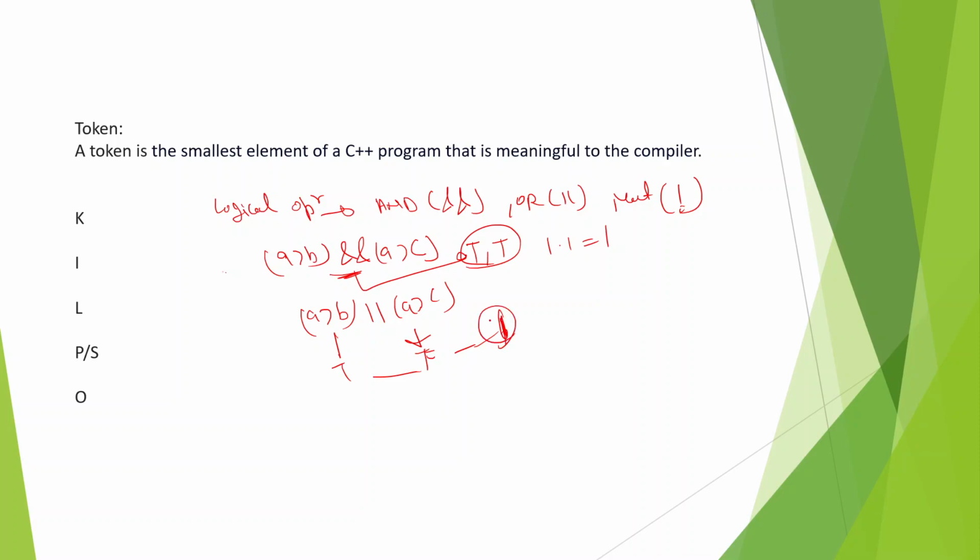OR is the operation, 1 plus 0 is 1. And NOT is the reciprocal: if A greater than B is negated, then it may be true or false depending on this.